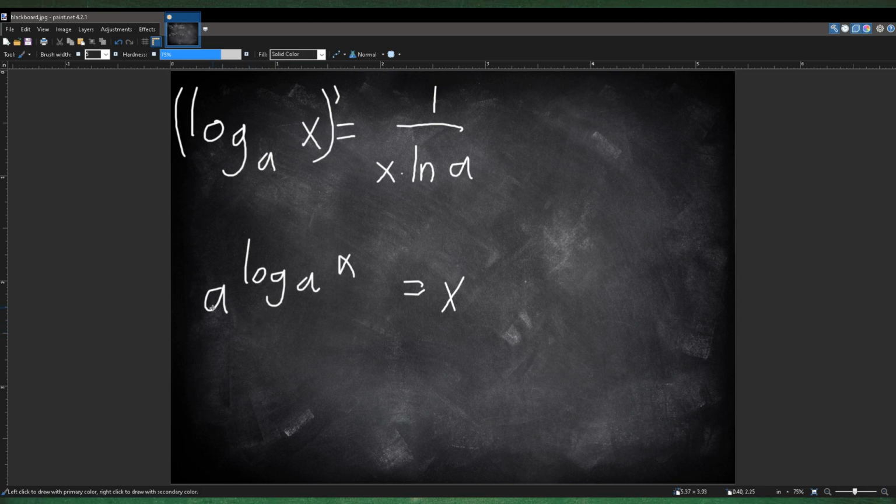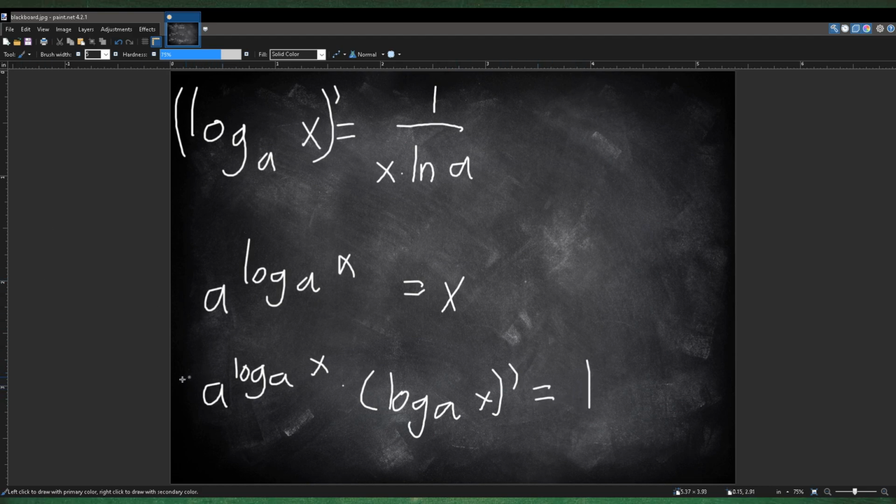So the derivative of an exponential, which we just covered a few seconds ago, is a to the log base a of x, times the derivative of the inside, which is the derivative of log base a of x. And the derivative of this side is just 1.